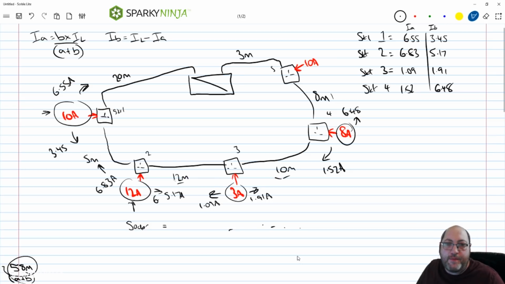Fifth socket is 10 amp, so socket 5 is 10 amp. That's going to be a B of, well, the B is only 3 meters there. The B is that way, 3 meters.